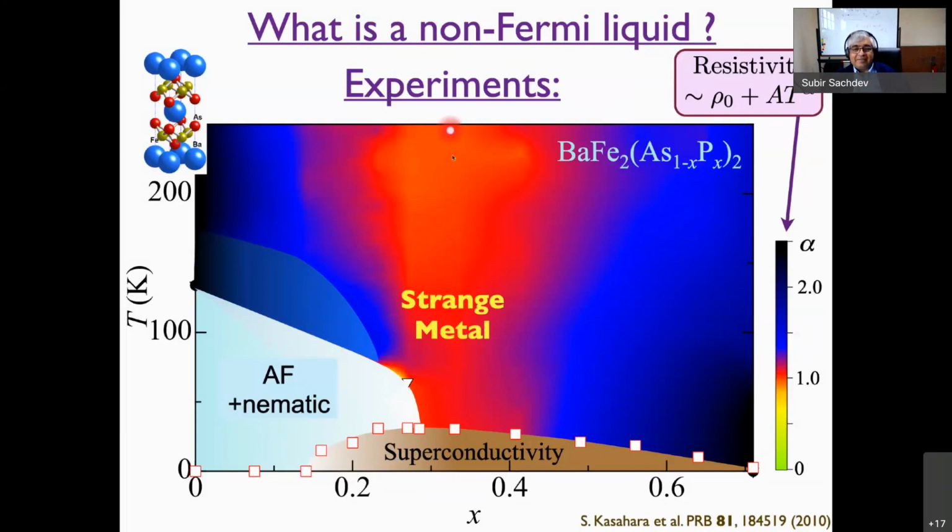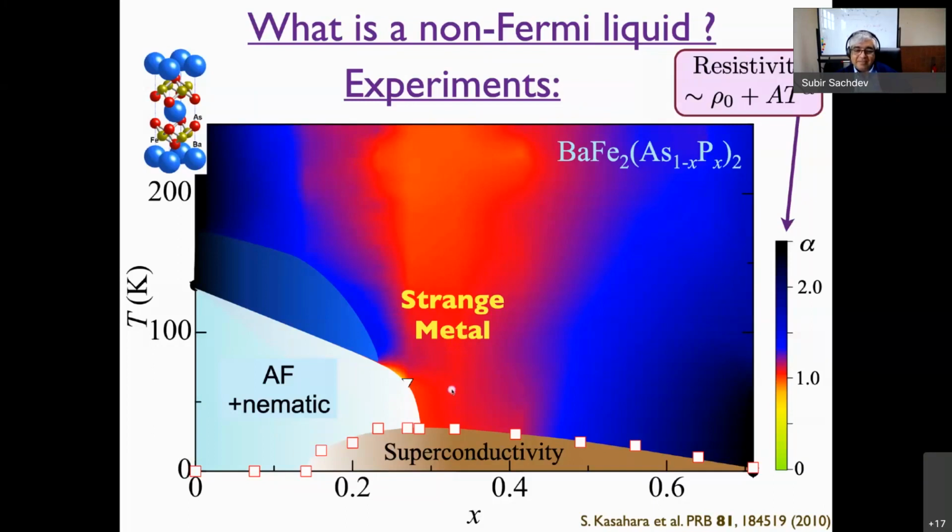There's another regime at higher temperatures, which is sometimes called the bad metal, where the resistivity is quite large, and also linear in temperature. That I think is better understood, and so I won't really be talking about that. I'm really talking about a strange metal, which is what happens down to low temperatures. And this is very common.